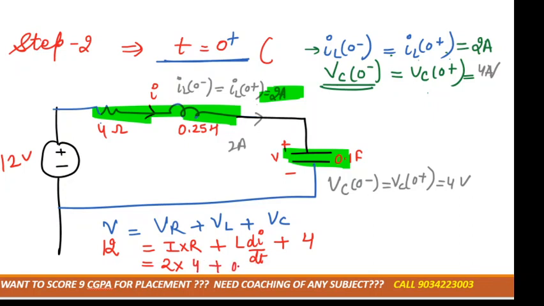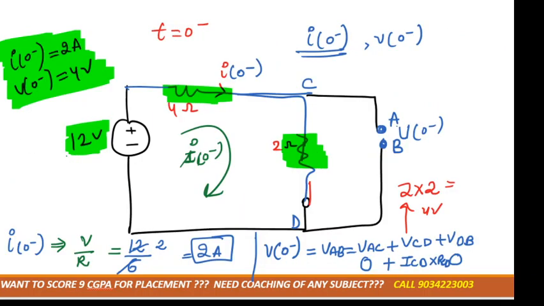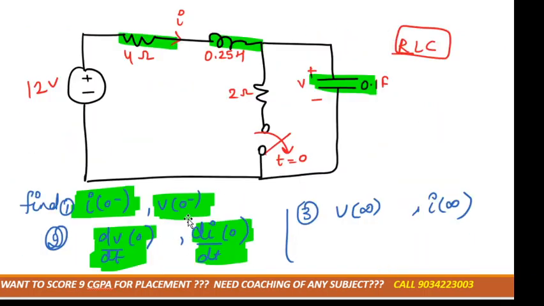Inductor we already know, 0.25. Now the only value we don't know is di by dt. So after solving it, we'll calculate di by dt, that would be 0 ampere per second. Got it? So our second part is also done.